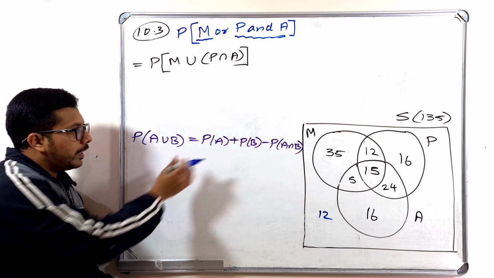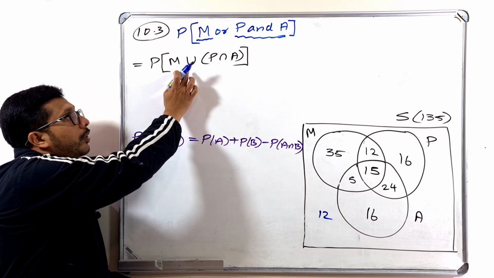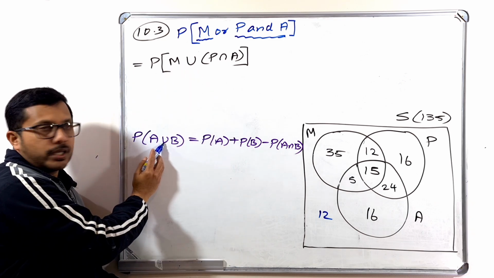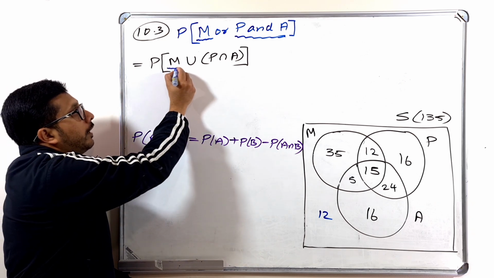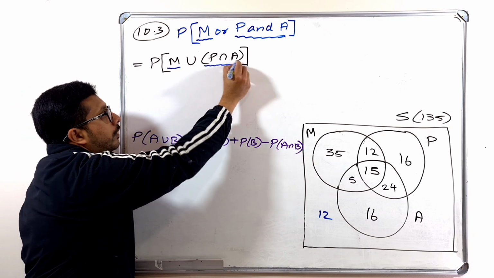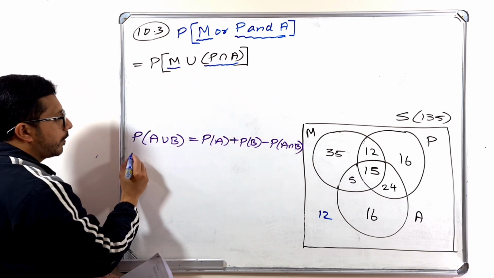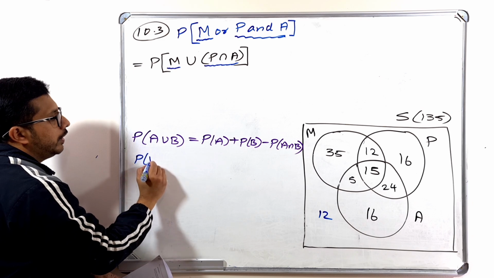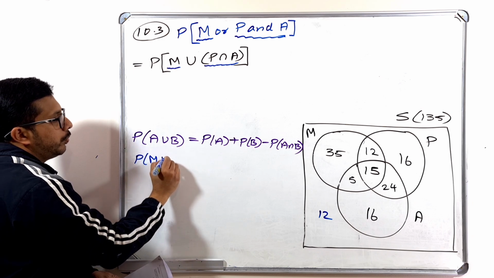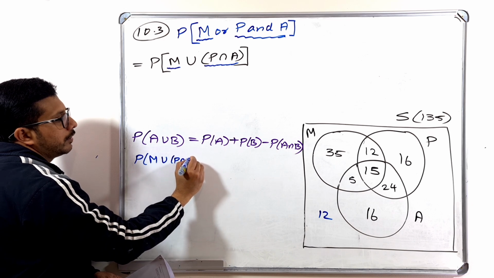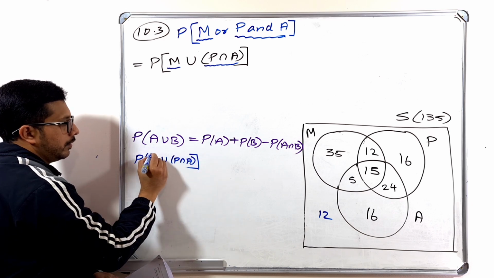Okay, now like this, how can you expand this one? Look at this one, this is union, this one is union. So this is our A and this one is our B. Look at how I am going to expand that one. Probability of M union P intersection A. Am I right?